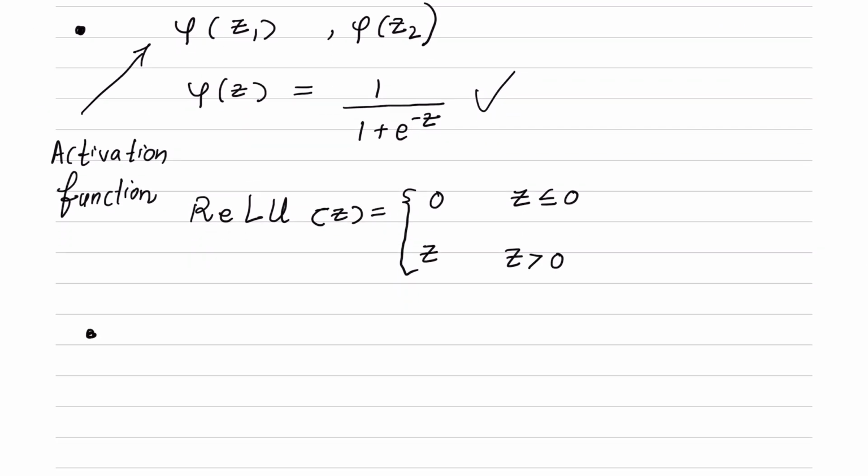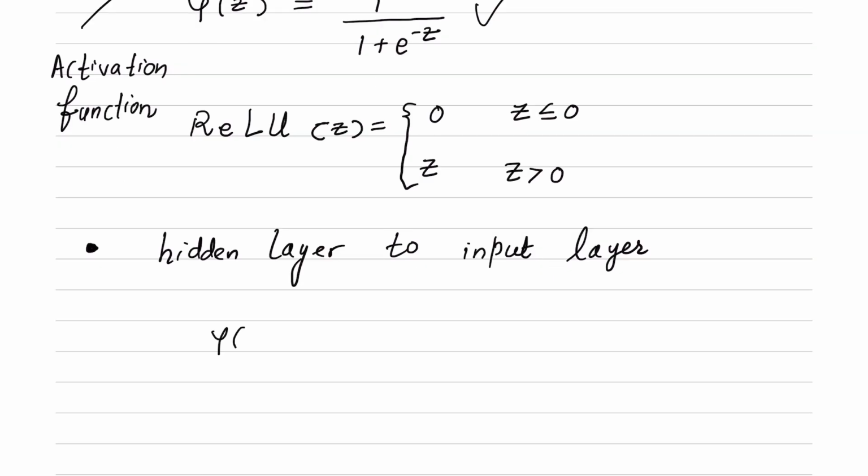So for the third part, we are going from the hidden layer to the output layer. Now phi of Z1 is connected with the neuron in the output layer using the weight W3, plus phi of Z2 is connected with the neuron in the output layer using the weight W4, and an additional bias is to be found, which we are calling B3, and we find this relation.